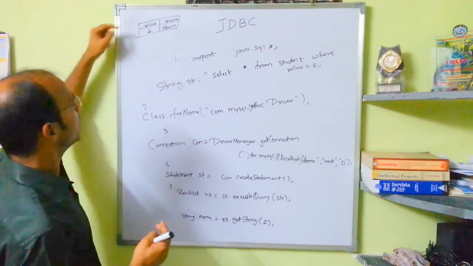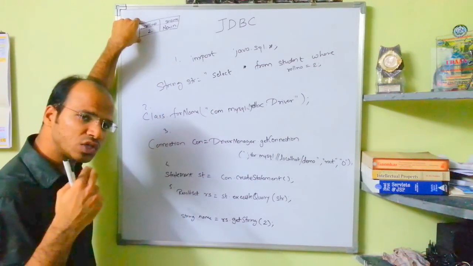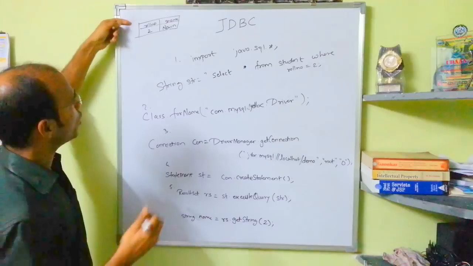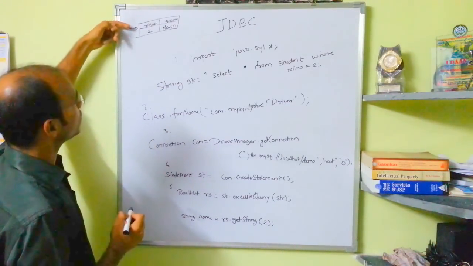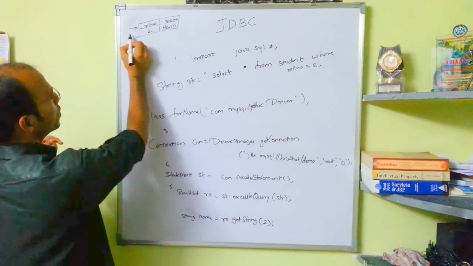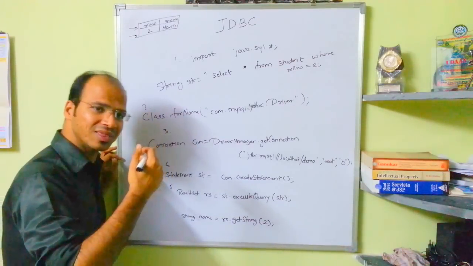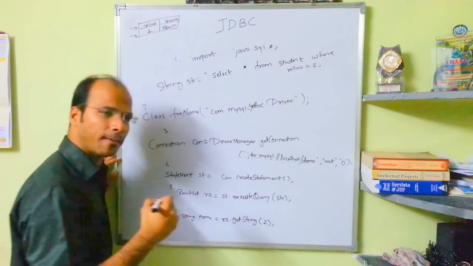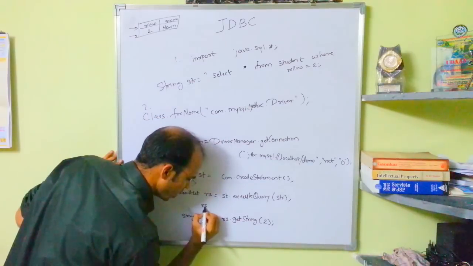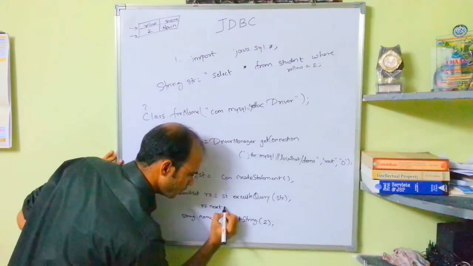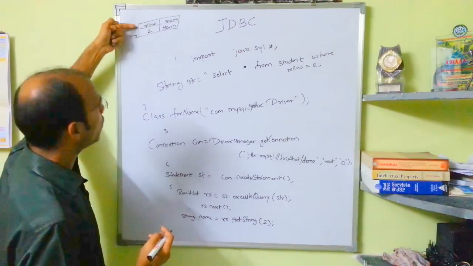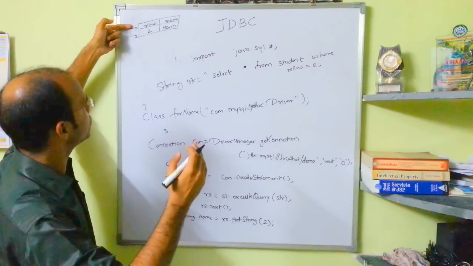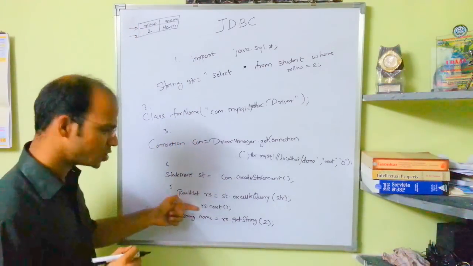But the problem is, when you talk about ResultSet, it works with pointers. By default, your pointer will be pointing at this row. We have to shift our pointer down a row here. To shift this, we have to use a method of rs. We have to say rs dot next. It will shift my pointer from the above row, which is the column names, to the data, so we have to use rs dot next.